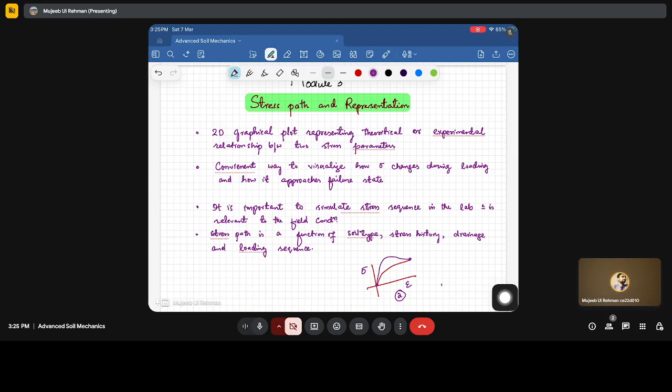Or in the field, for example, initially there was a ground, and then we did some excavation. To replicate this condition in experiments, we need the knowledge of stress path, because initially there will be sigma v and sigma h acting on the soil sample, but once we do the excavation, its sigma v gets reduced, correct?